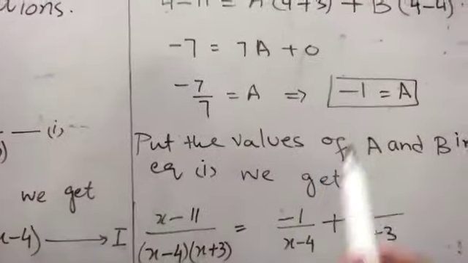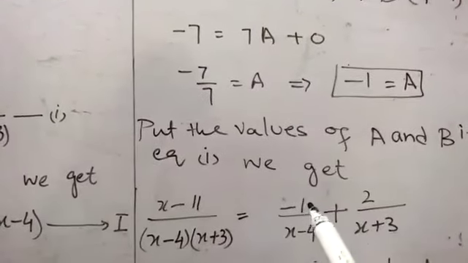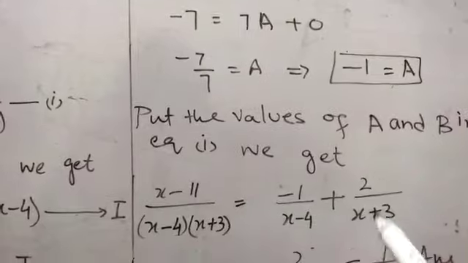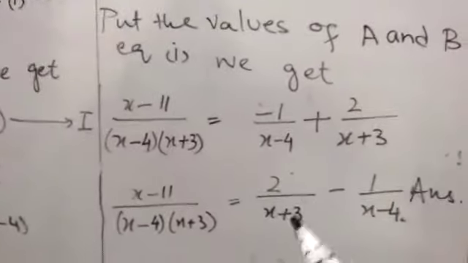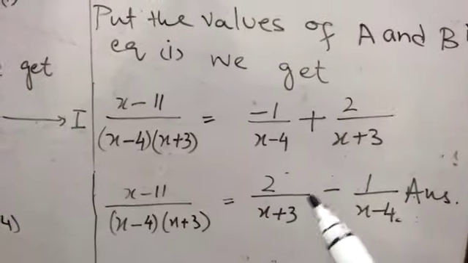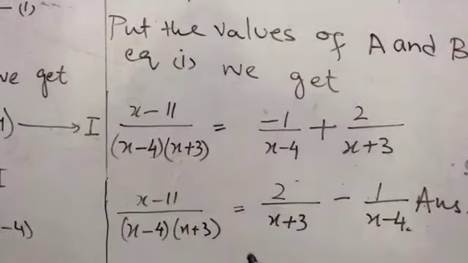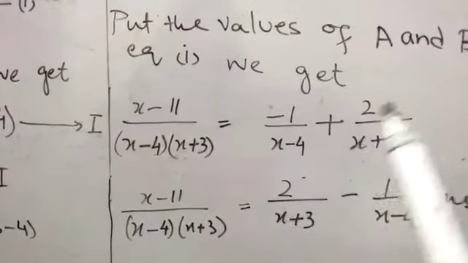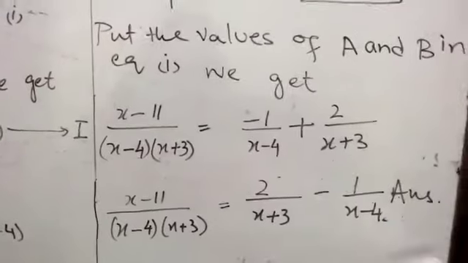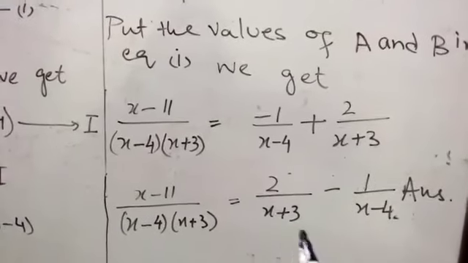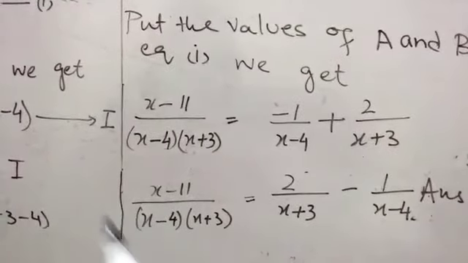Minus 1 is the value of A, so we put minus 1 for A and 2 for B. If we want to arrange the terms in standard or simplified form, we write the positive term first: 2 over x plus 3 minus 1 over x minus 4. So this is the final answer, and these two are the actual partial fractions of this fraction.